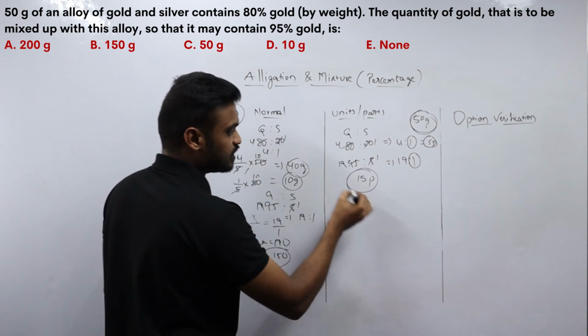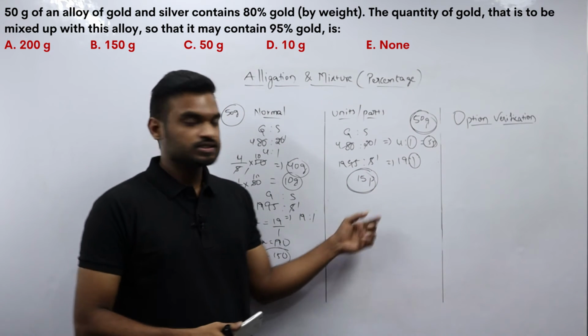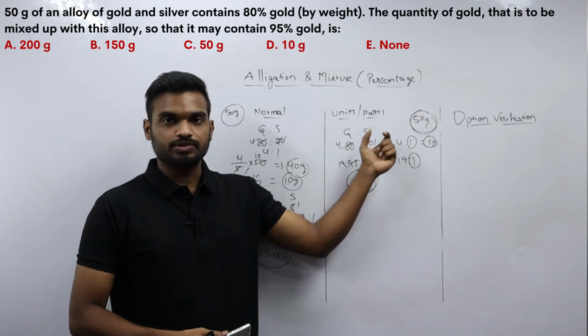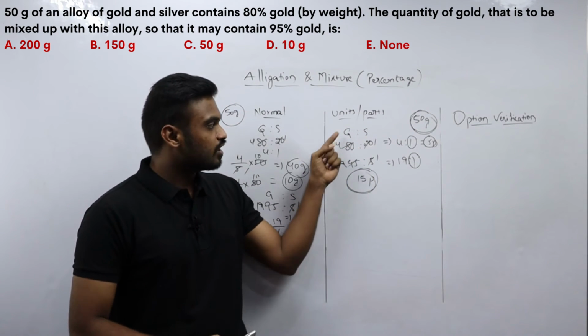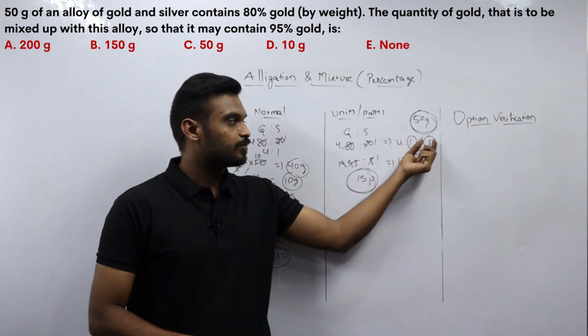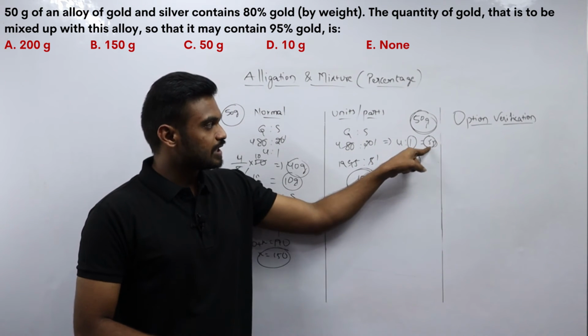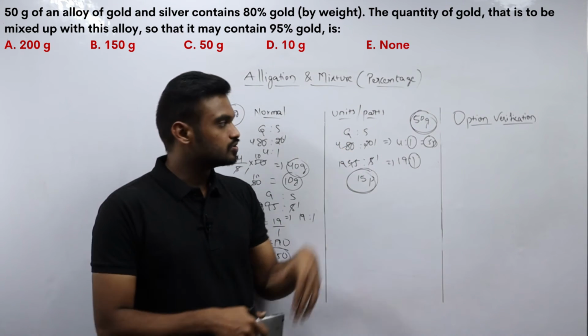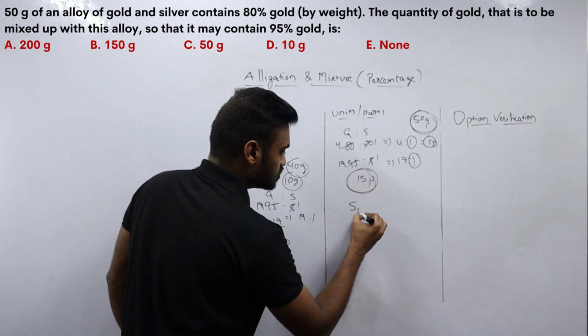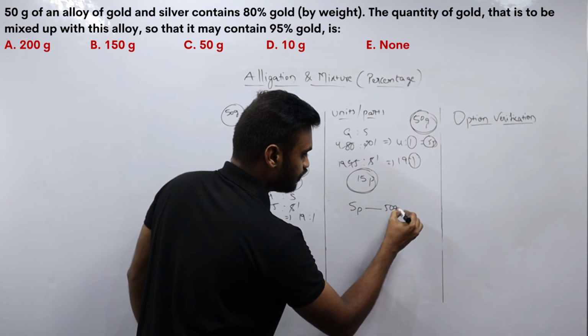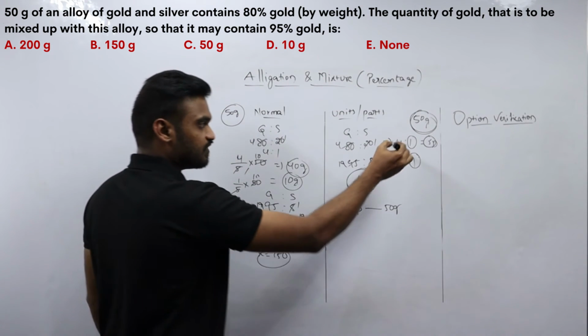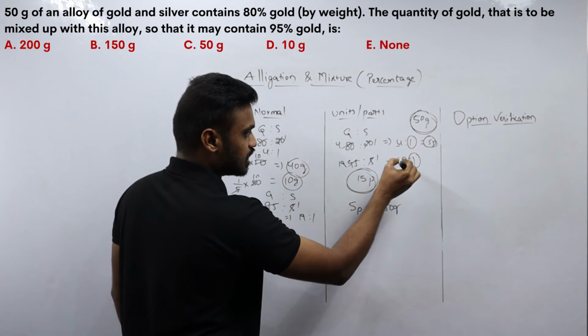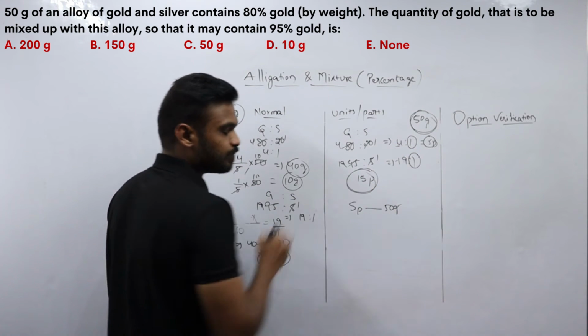Then what is the value of 15 parts? The difference between 4 parts and 19 parts is 15 parts.